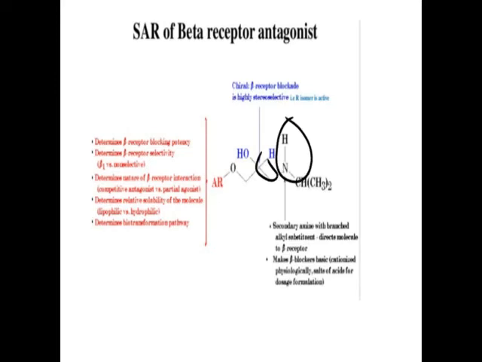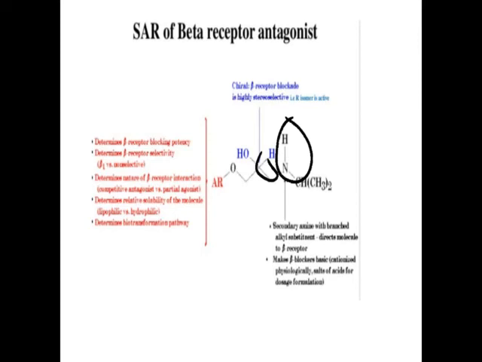Then this is the secondary amine. In the secondary amine, if hydrogen is replaced with any other higher alkyls like CH2CH3, at that time the drug becomes less active or inactive. Okay, so these are some important points regarding the SAR of beta receptor antagonists. The aryl group must lack two hydroxy groups or the catechol nucleus.